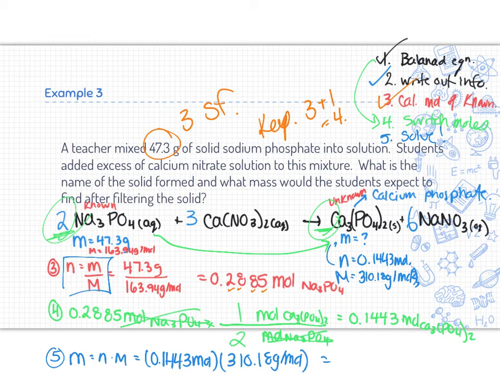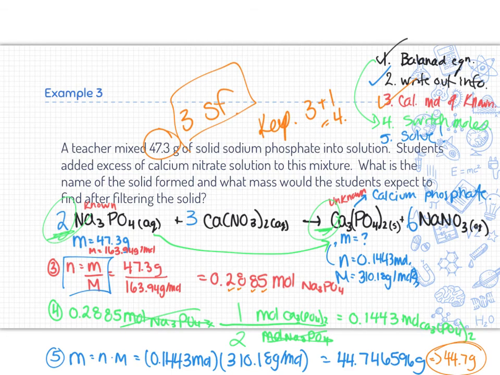Remember, I'm using my unrounded value in my calculator, so the one that has more decimals on, and I'm going to multiply that by my 310.18, and I get 44.746596. Lots of decimals. More than I need for sure. Remember, in the end, we want to keep 3 significant figures for our final answer. So I should round this to 44.7 grams.